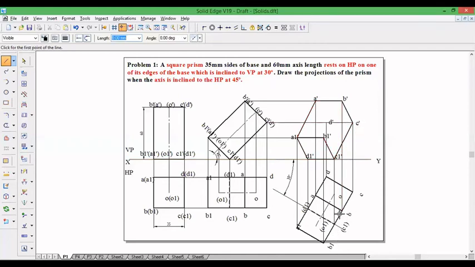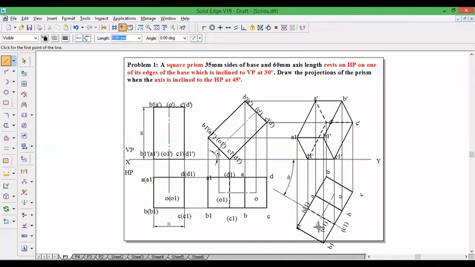And since B1 is also visible, which is nearer to observer, B1 is going to be visible. Hence, the invisible lines are the lines which come inside the solid: A dash, D dash, C dash, and D1 dash.